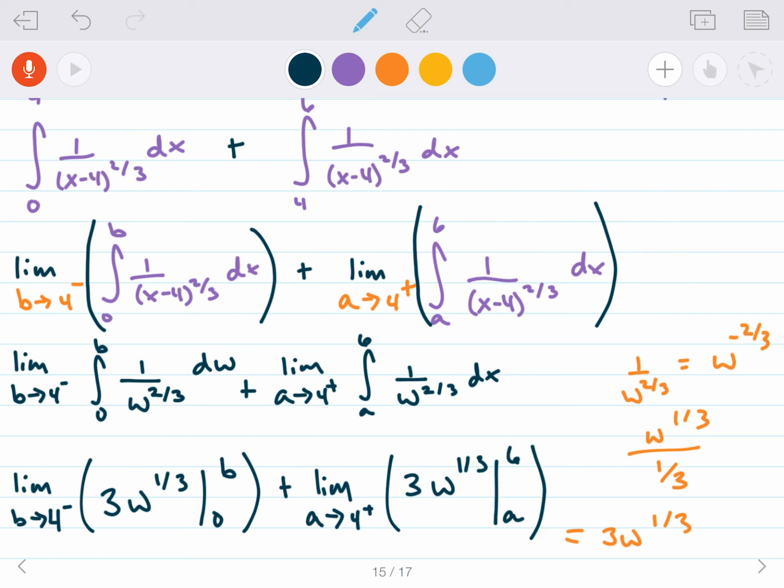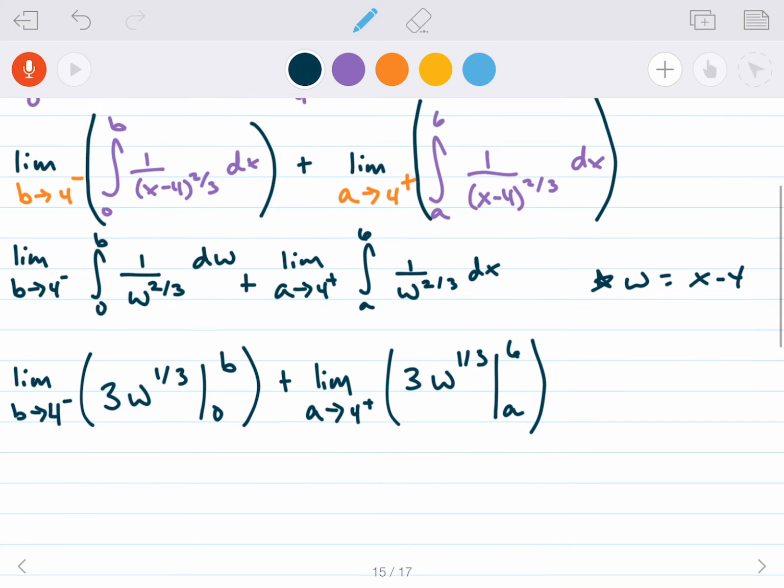All right, so far so good. Now w was originally, when we made our substitution, x minus 4. So I'm going to sub that back in before I evaluate.